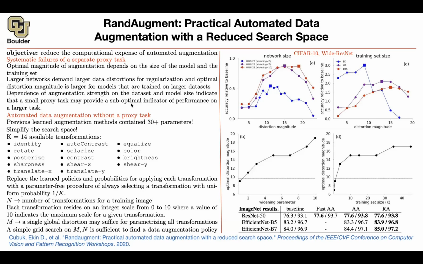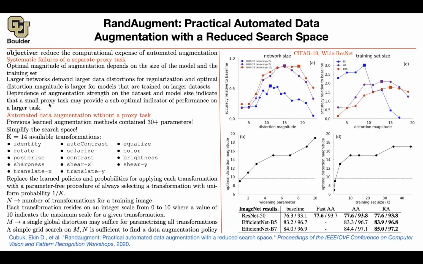And that's why, because of these 2 reasons, because of the dependence of your augmentation strength on the data set size and model size, you need to get rid of the proxy task. You cannot say that I'm going to find the best augmentation policy on CIFAR10 and then apply it to ImageNet, apply the same architecture. But there's a catch here.